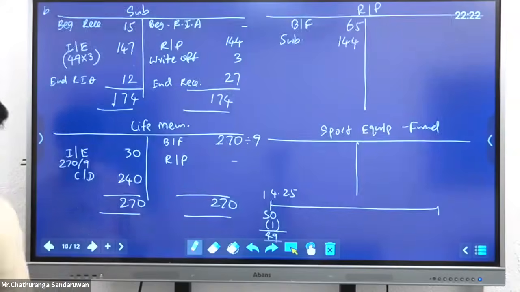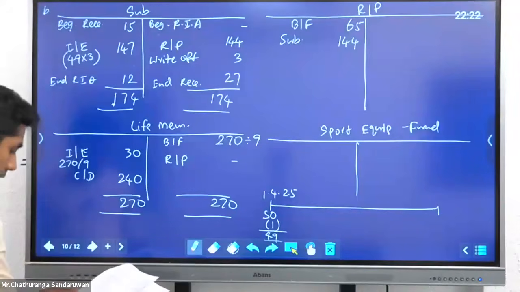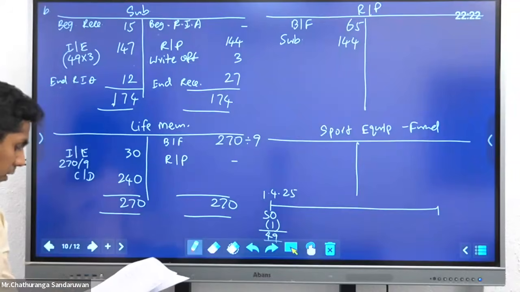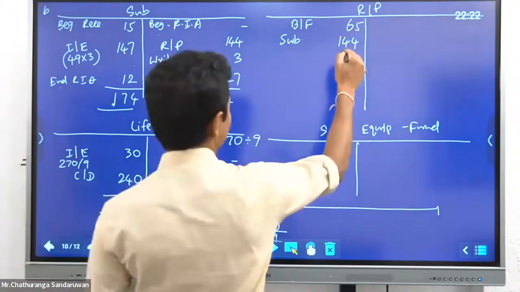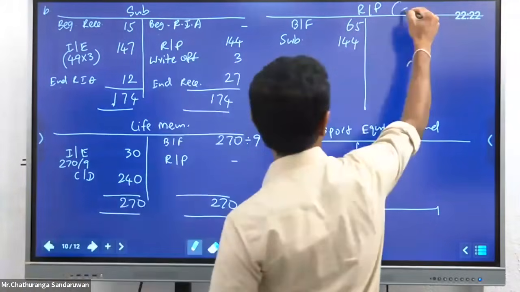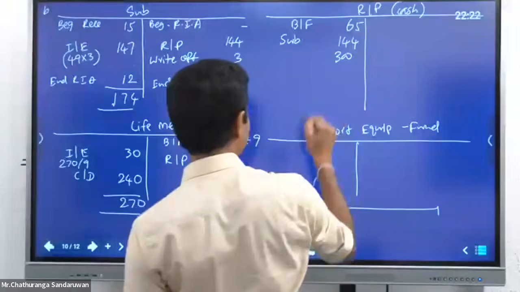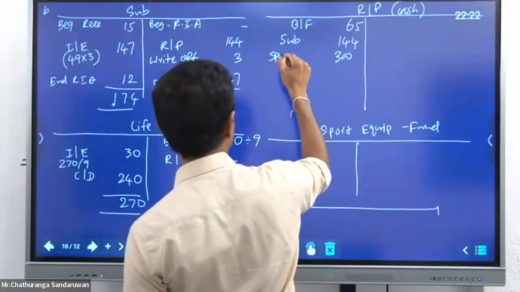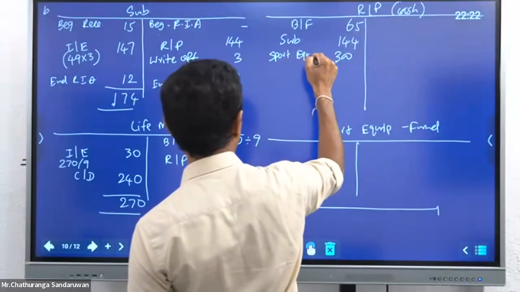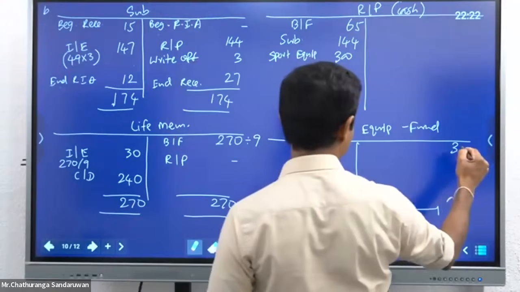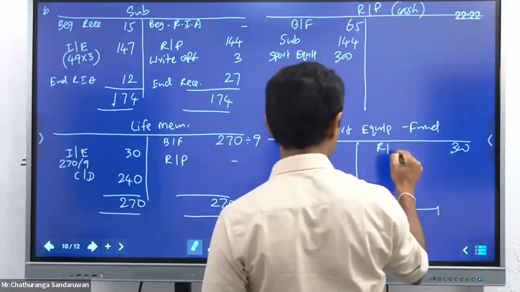Right? That is done. Then one before the last, they have received a donation of 300,000. Cash account debit, this is cash, right? Debit 300, sport equipment fund account credit 300, receipt and payment.